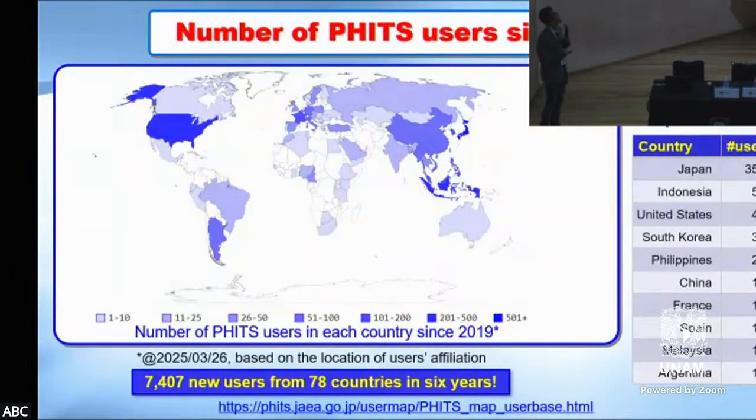And here is the number of PHITS users since 2019. We have so many users, roughly 7,000 users from 68 countries in 6 years. Of course, Japan has the largest user base, but also Indonesia, the Philippines, and Malaysia.